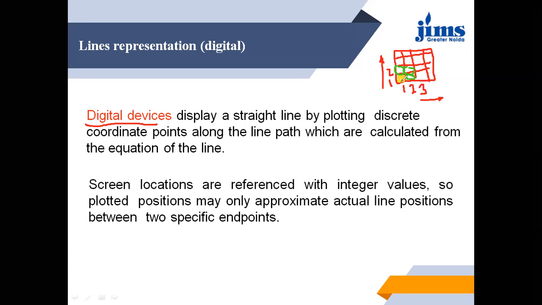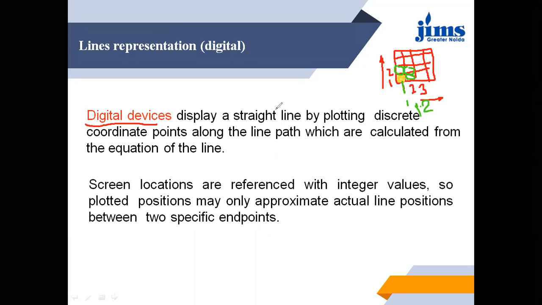For example, this is the value 1, and suppose the value is 1.2, but there is no option to draw a pixel whose coordinate is 1.2. This is the reason we face some problems drawing a line in digital.